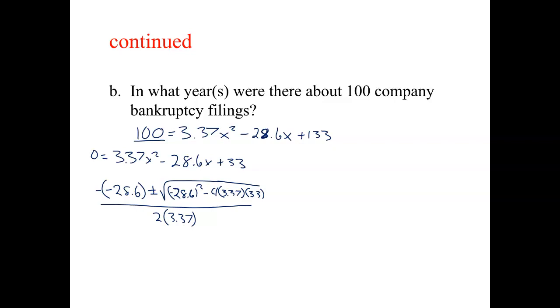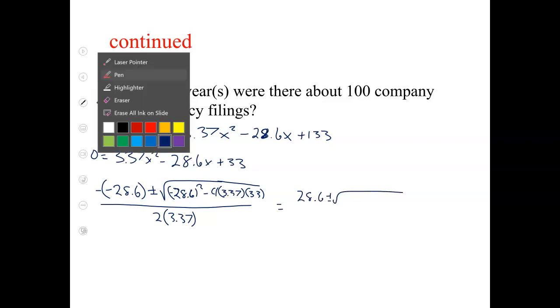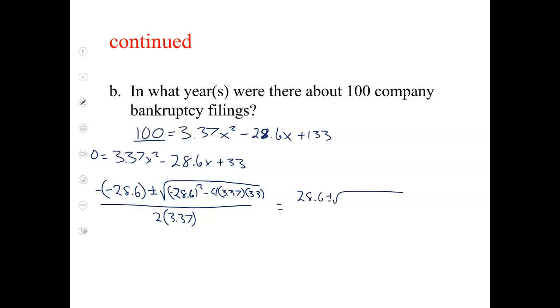What is 28.6 squared? 817.96. Okay? 4 times 3.37 times 33.